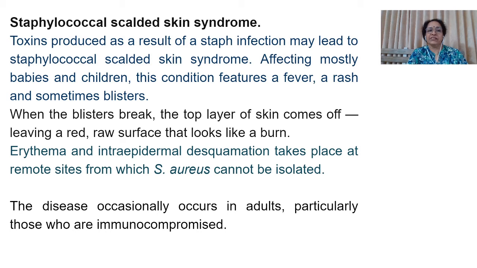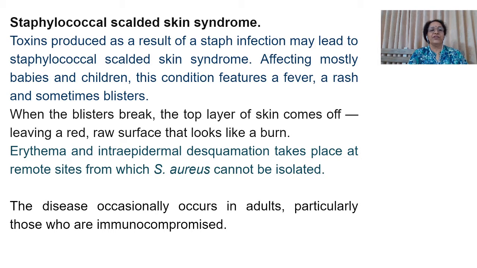See, the name is scalded skin syndrome, which is related to this symptom. What is it? The blisters break and the top layer of skin comes off, leaving a red raw surface that looks like a burn. This is only because of that SST, the scalded skin syndrome causing toxin. There is a reddening of the skin, which is called erythema, and intraepidermal desquamation which takes place at remote sites from which Staph aureus cannot be isolated.